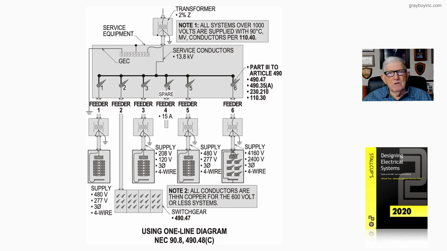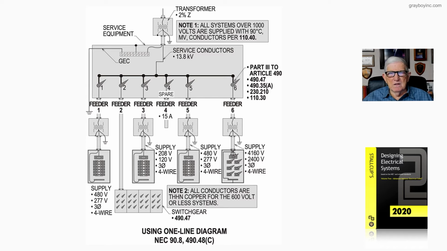Then notice when you review the supply voltage, it's 13,800 volts, which is 13.8 kV. That's the switchgear supply voltage from the transformer. Then notice the number 1 disconnecting means, an overcurrent device, is a feeder going to a transformer, stepping the voltage down to 480/277 volt, 3-phase, 4-wire system.